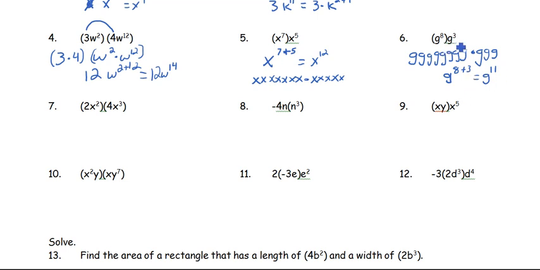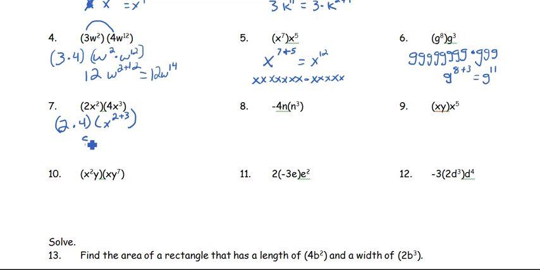So remember, when you're multiplying variables that are raised to an exponent, you add the exponents together. On number 7, where you have numbers to be multiplied, you multiply your numbers, and then you multiply the variable with the exponents, you add the exponents.